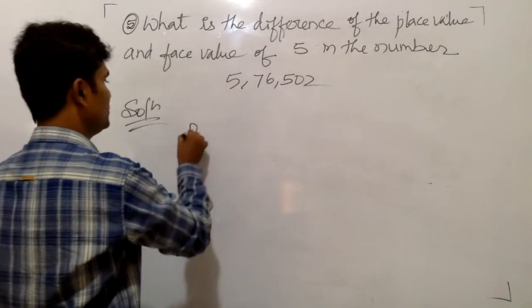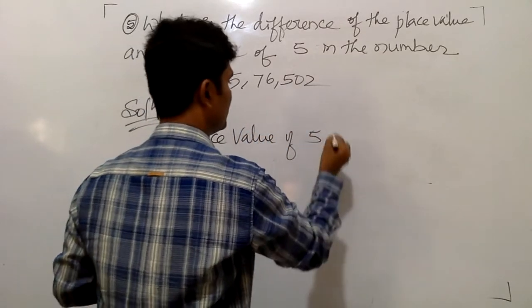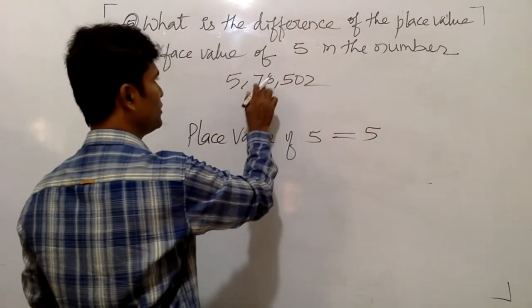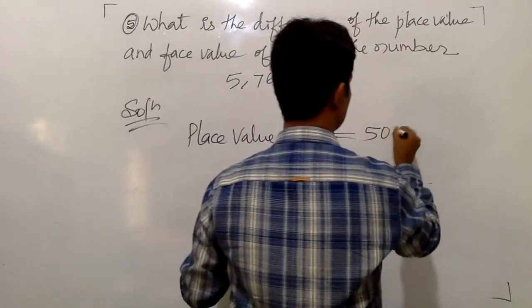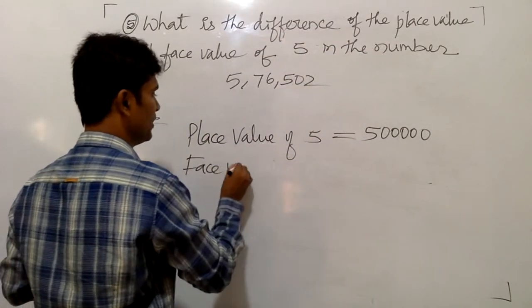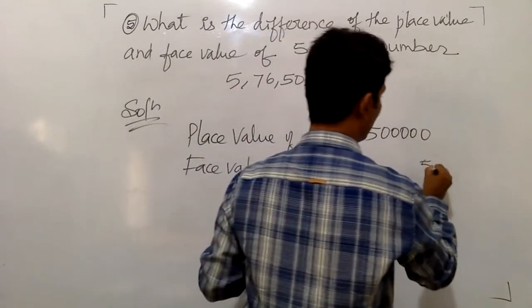Place value of 5 is equal to, write 5 and then count the digits: 1, 2, 3, 4, 5. Then face value you already know. Face value of 5 is equal to 5 only, right?